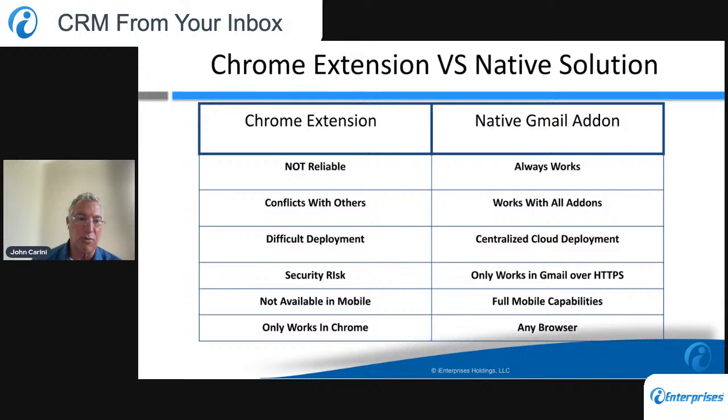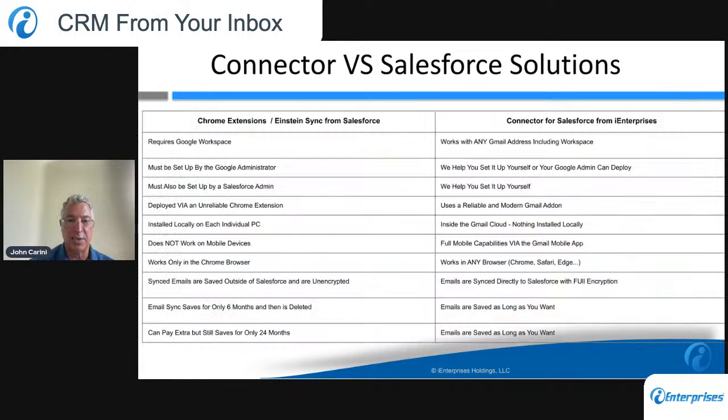We communicate directly from Outlook to your CRM when we're sending data back and forth, and directly from Outlook to ChatGPT over HTTPS. We don't store any information on our servers. It doesn't pass through our servers, so it's super secure. And again, we have full mobile capability. It works in any browser, if you want to use Safari or Edge or whatever.